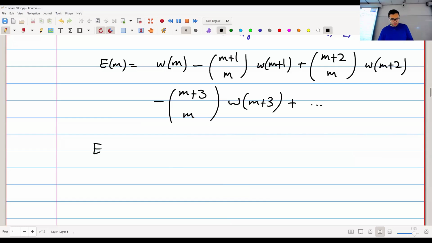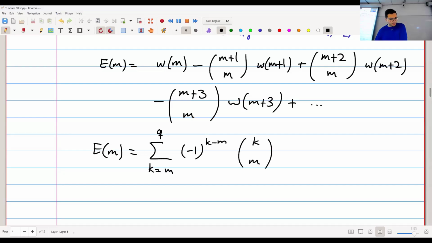So if I want to just write it in a simpler way, E of m is going to be the sum of k from m to q. And remember, q was my total number of sets, so I have q sets. Minus 1 to the power of k minus m, k choose m, omega k.